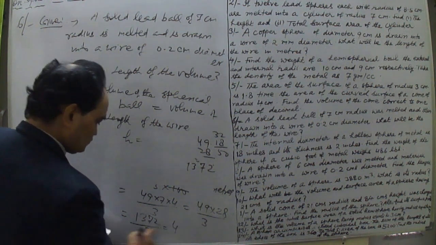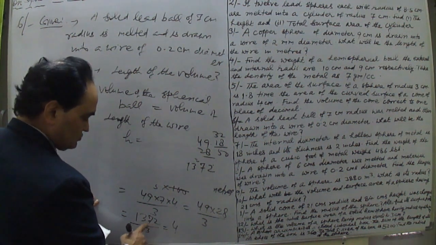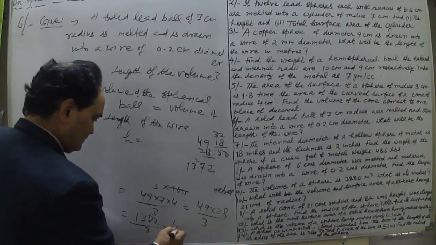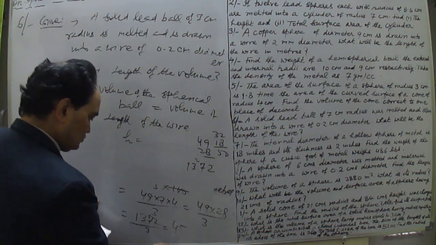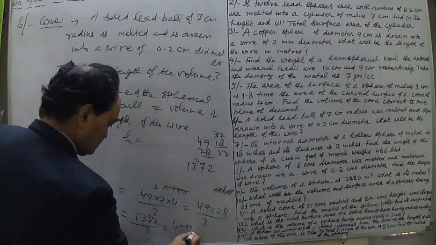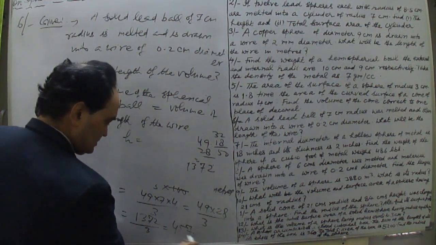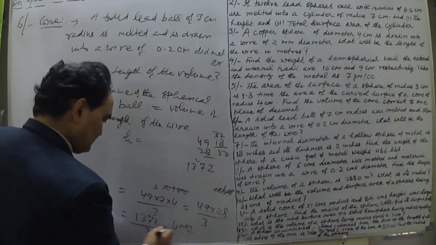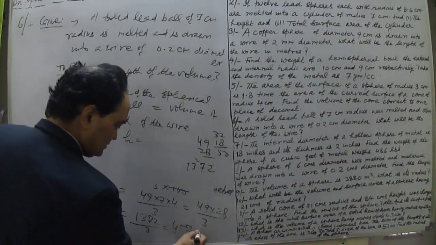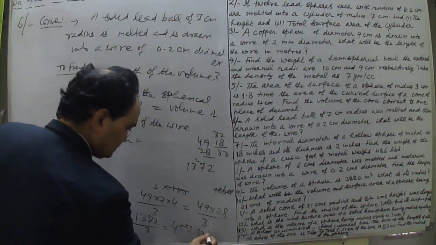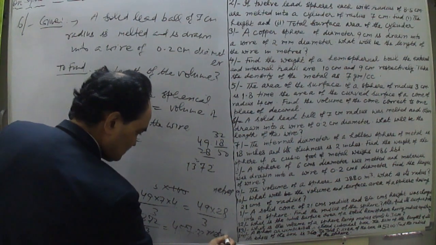That is 457 with a remainder of 1, so 457 and 1/3 meters. This is in meters now.